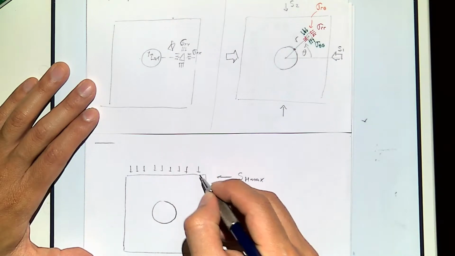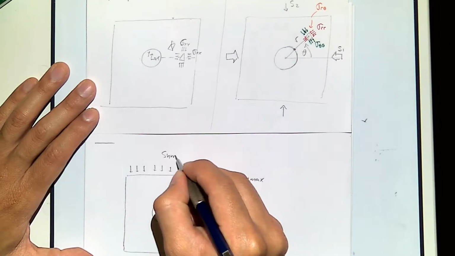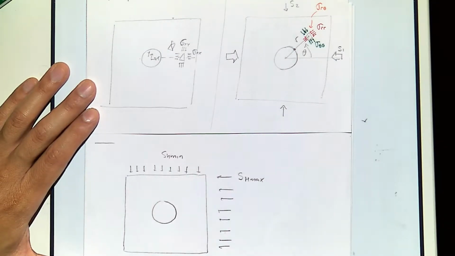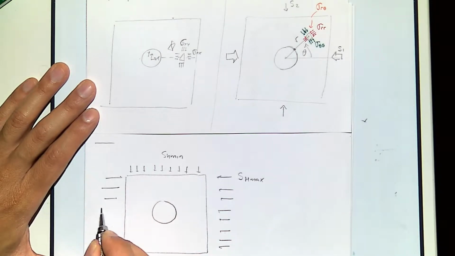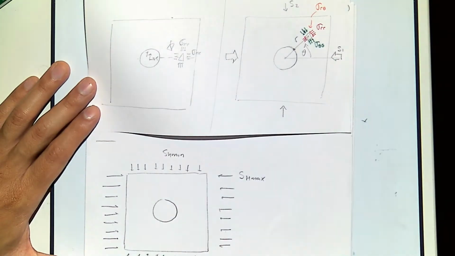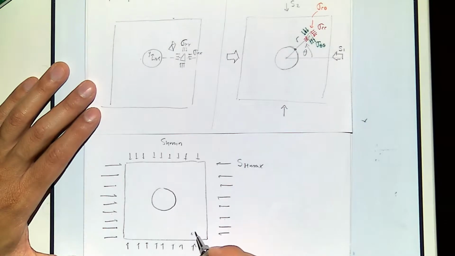Let's say that this is the minimum horizontal stress. All right, so inside the rock we have pores, and there's going to be some pore pressure.